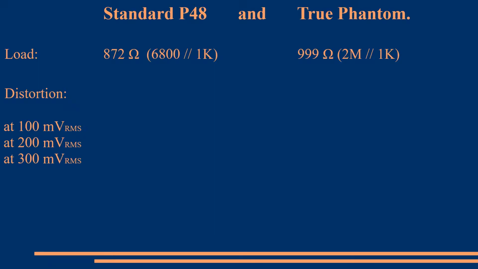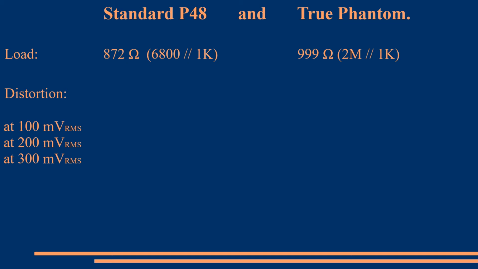In the previous picture you saw that the 6K8 resistor is in parallel with the 1K resistor for audio. The total resistance then comes at 872 ohms.